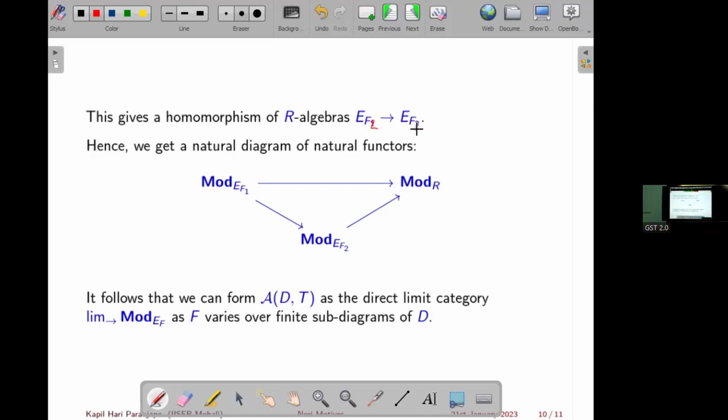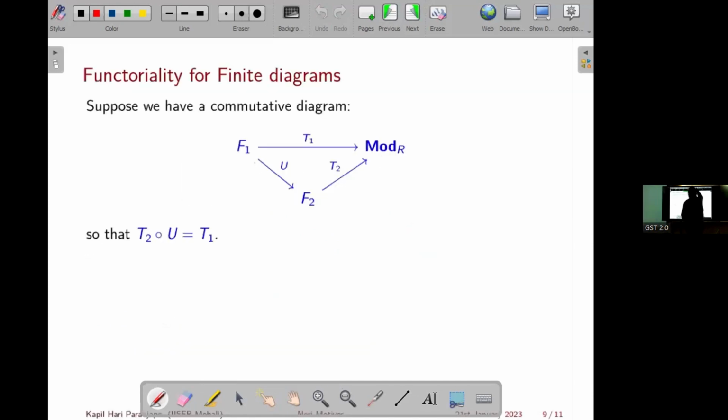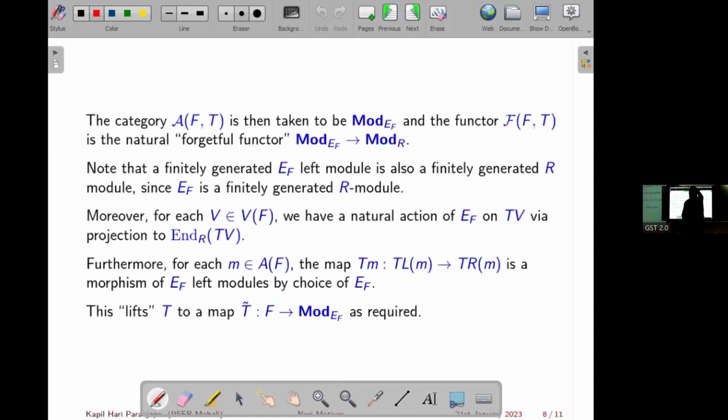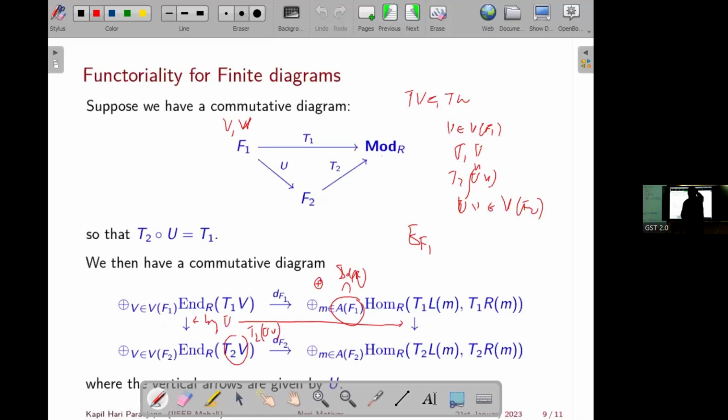Let me see. Okay, so I didn't explain. Maybe I should take some space in the next slide.